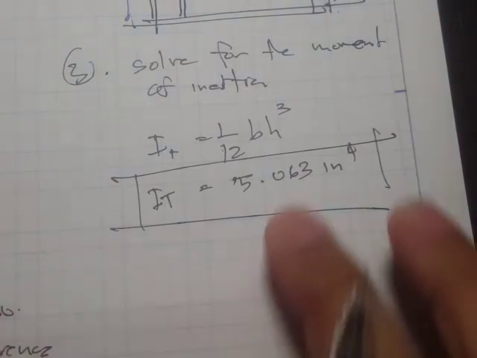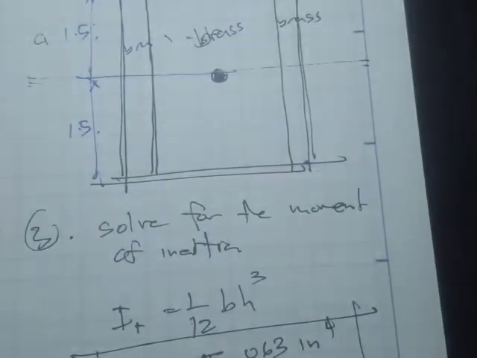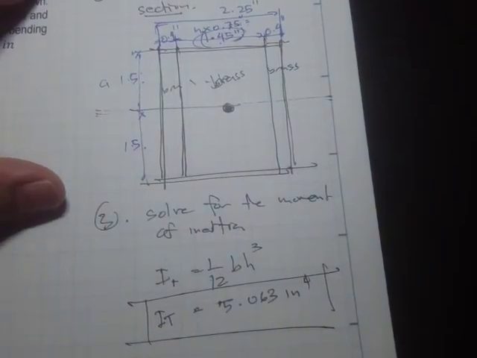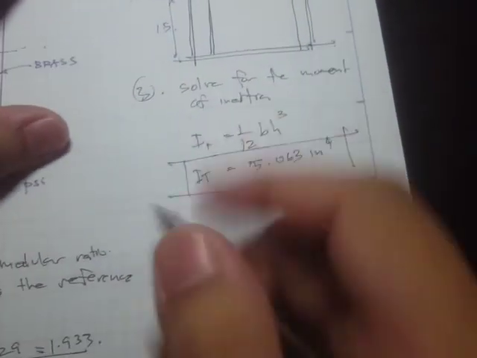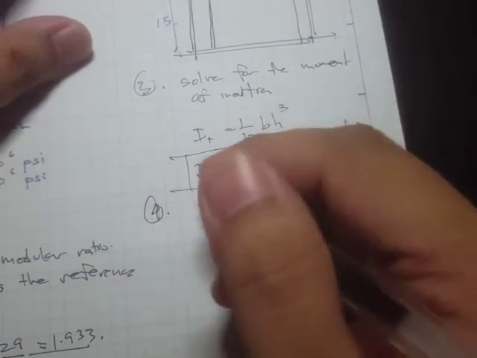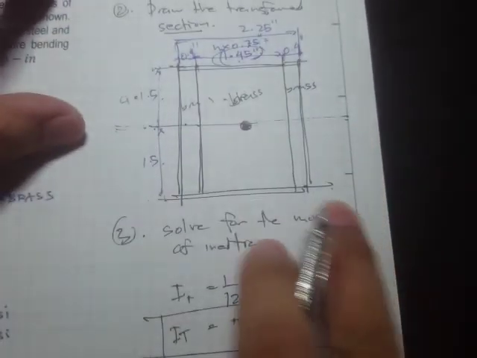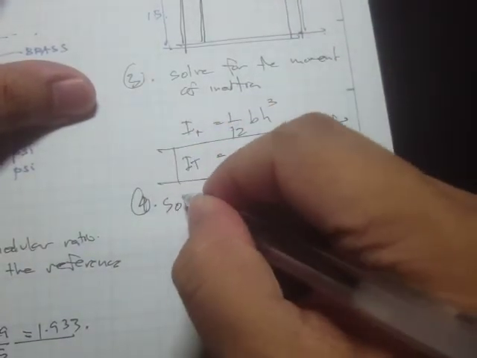Now that we have this, actually this is c sub 1, from the neutral axis to the topmost fiber, and from the neutral axis to the bottommost fiber. They have the same value except for the sign, but let's solve for the value.